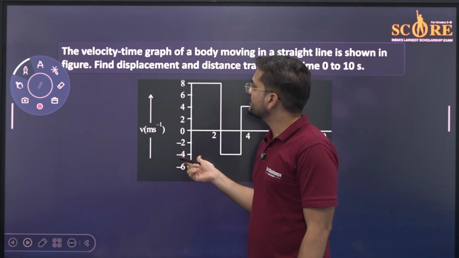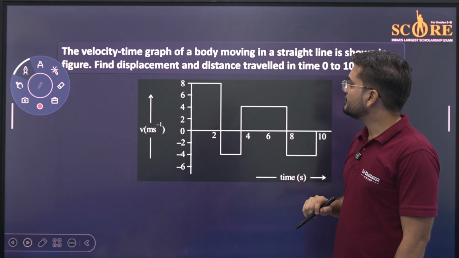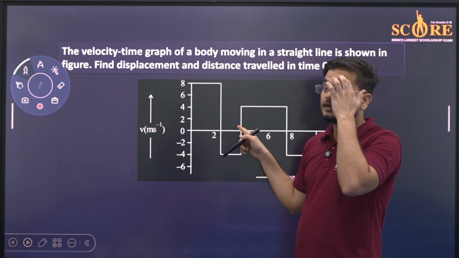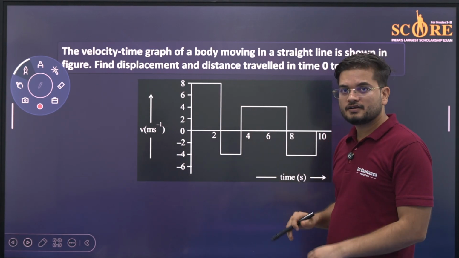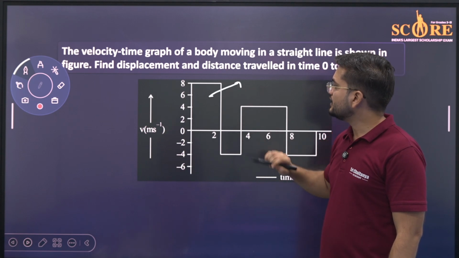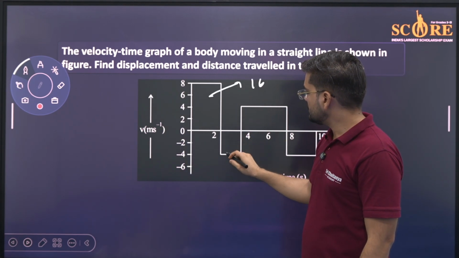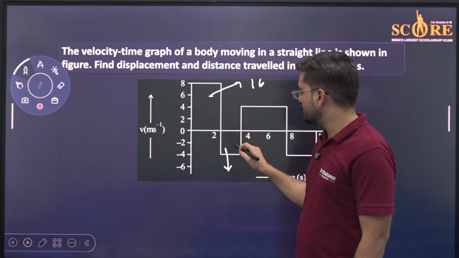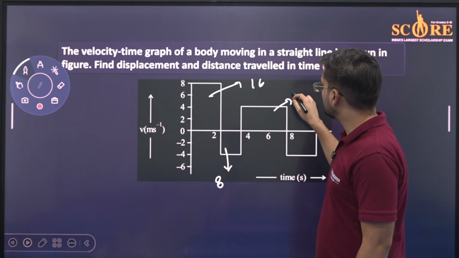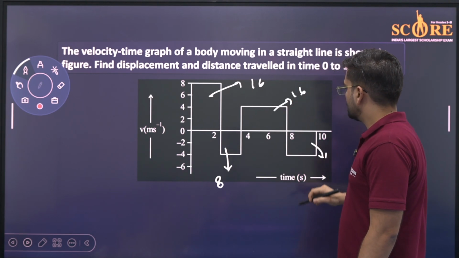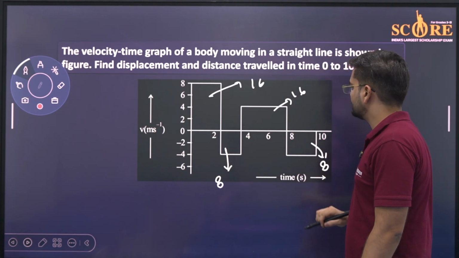The next problem is, here a velocity versus time graph is given, and we have to calculate displacement and distance traveled. So displacement will be the area under the curve. Here, 2 into 4 is 8, 4 into 4 is 16, and 2 into 4 is 8.